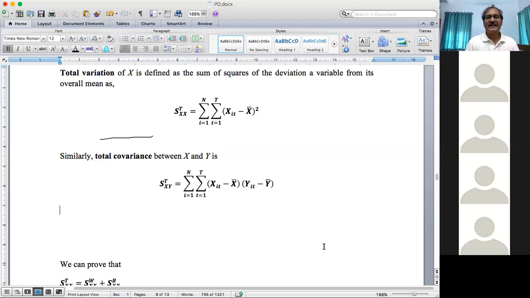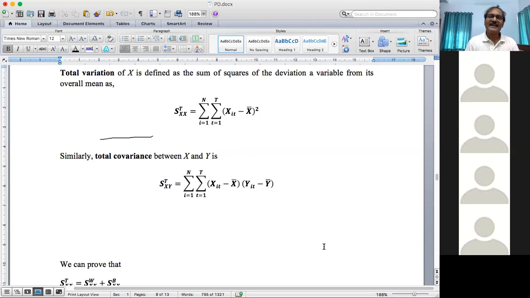If you have cross-section data, you have only one type of variance, one type of covariance, and ultimately only one type of regression estimate. If you have time series data, also you have one type of variance, one type of covariance, and one type of regression coefficient.